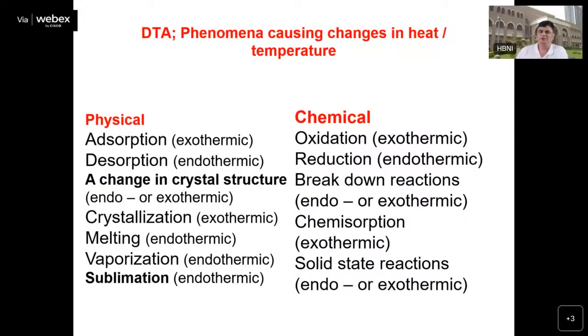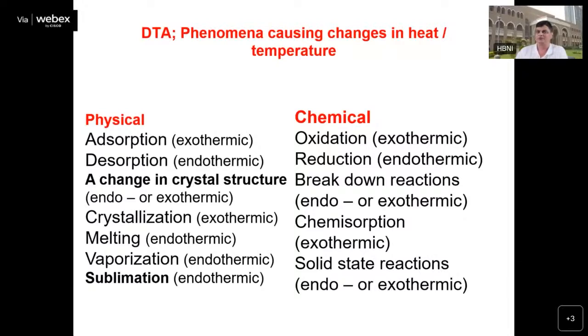So what are the phenomena going on in the case of DTA? Physical phenomena involve adsorption, which is exothermic, desorption, endothermic, a change in the crystal structure, which may be endothermic or exothermic depending on the change. Then crystallization, which is exothermic, melting point, again endothermic, vaporization, endothermic, sublimation, also endothermic.